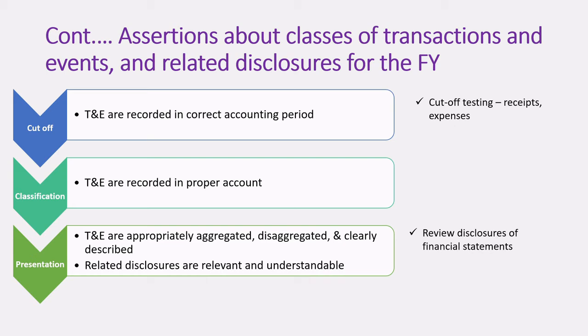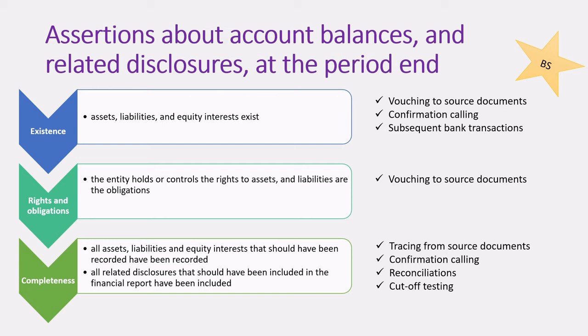So in presentation, we review financials and ensure that the recommended disclosures are presented in the financial statements according to their financial reporting framework. Those were the assertions relating to P&L.